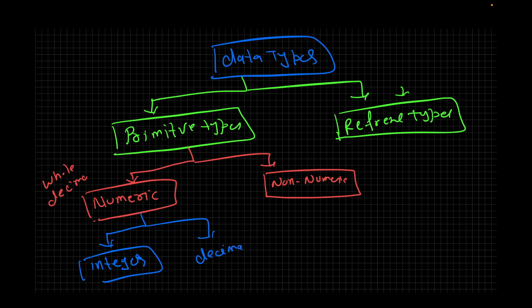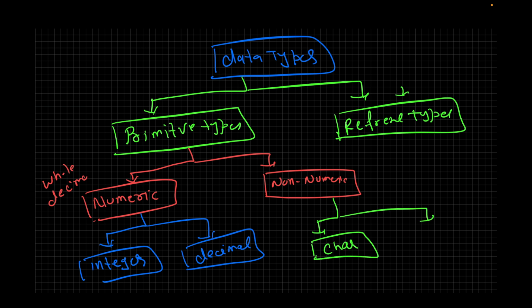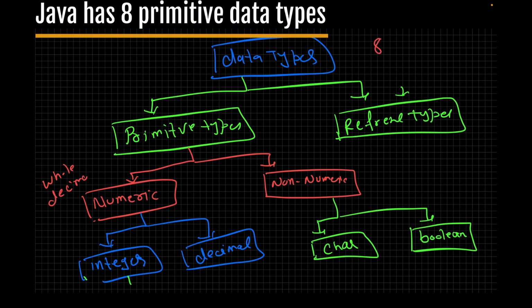We'll keep it simple to understand. On the non-numeric side, you can categorize it as char, which is a single character, and then boolean, which is yes or no. We can further subcategorize integers, and I'm going to talk about that as well. As of now, when I'm recording this video, there are a total of 8 primitive types.